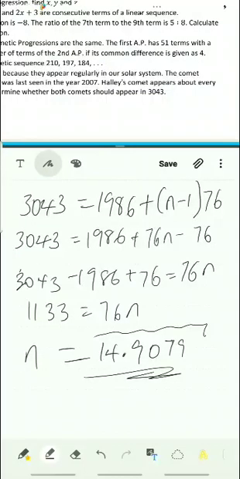Then watch out for module 3, where we'll conclude the whole sequence and series chapter. In module 3 we're going to be talking about series and everything we need to know about series, and then we end everything for sequences and series. Then we'll move to another topic. Thanks for watching and listening.